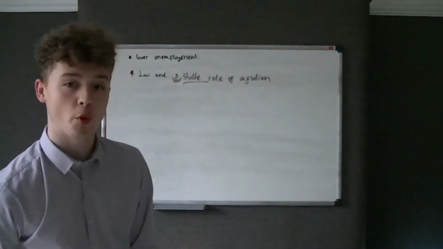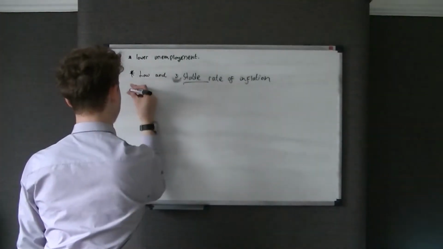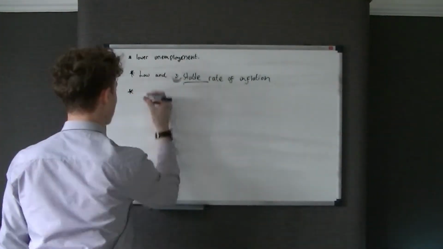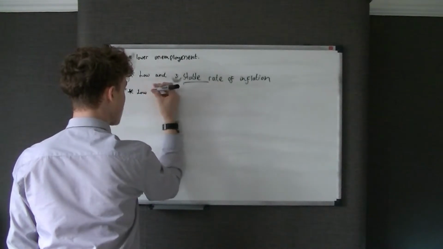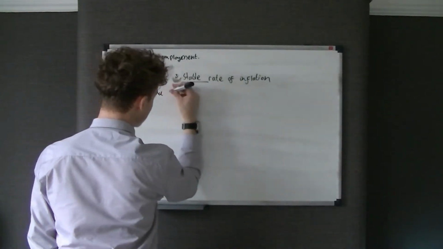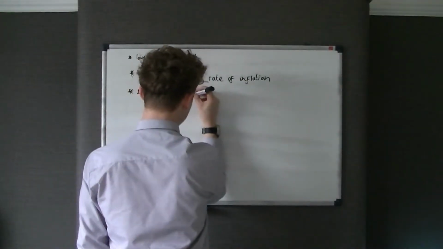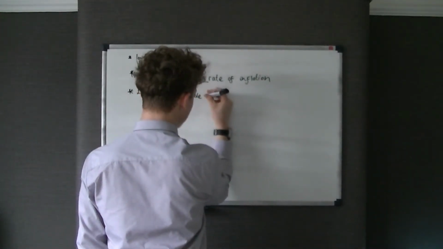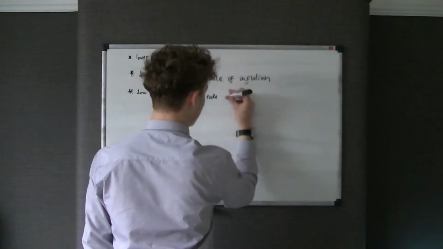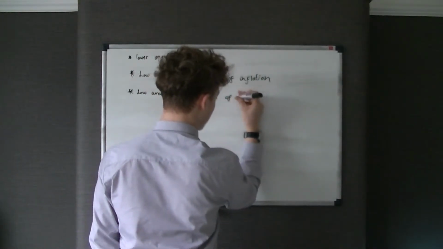Now, I've underlined stable there because this next factor, which is about economic growth, is low and sustainable rate of growth. Now, it's economic growth, but I'm just going to call it growth.